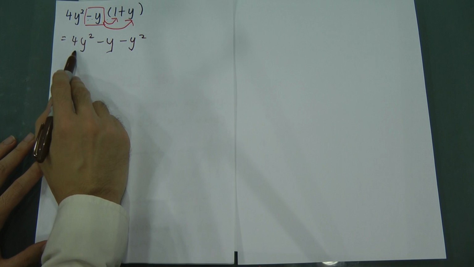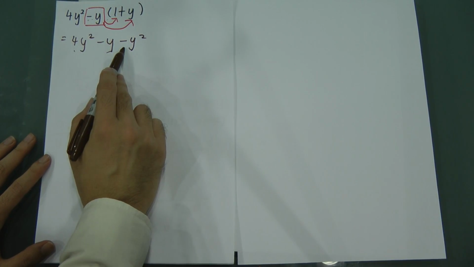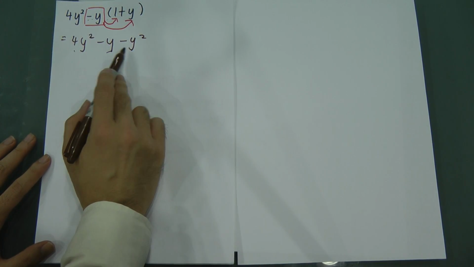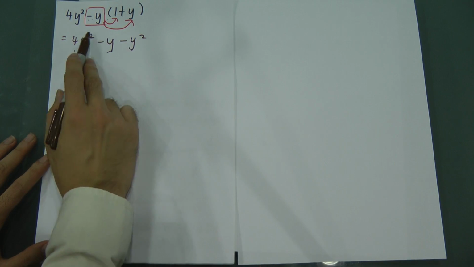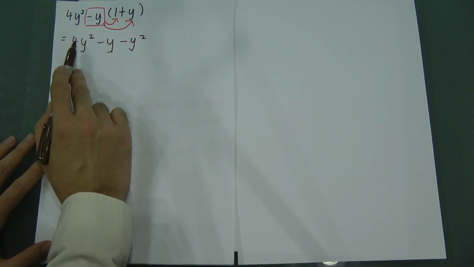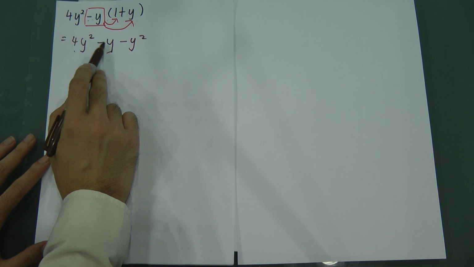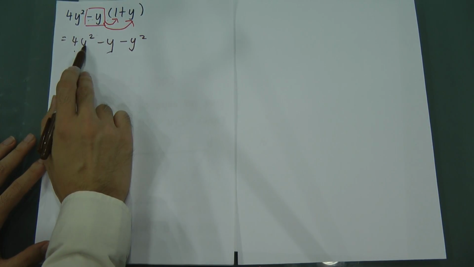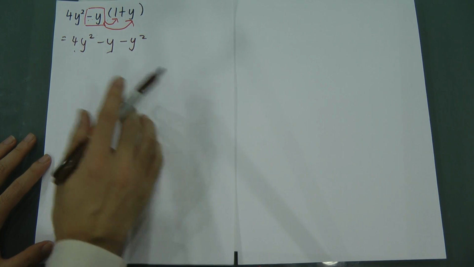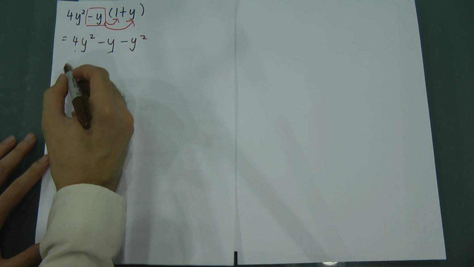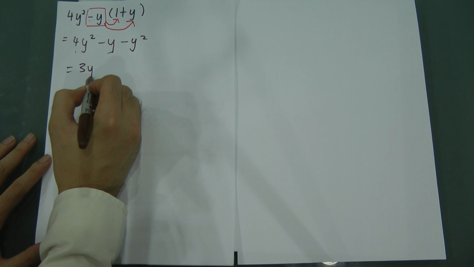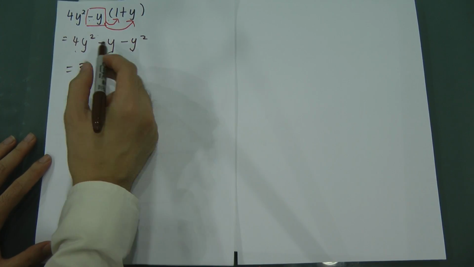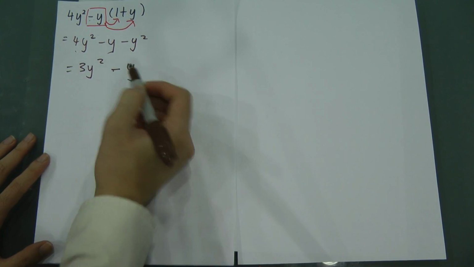And then 4y squared and y squared we can subtract, because both of them are y squared here. But 4y squared cannot combine with y, because y and y squared in mathematics are different things. So here 4y squared minus y squared, I get 3y squared, and then minus y, I continue to write minus y.